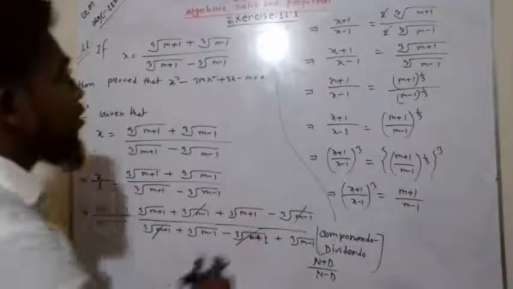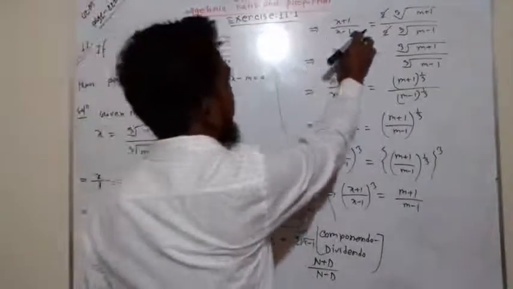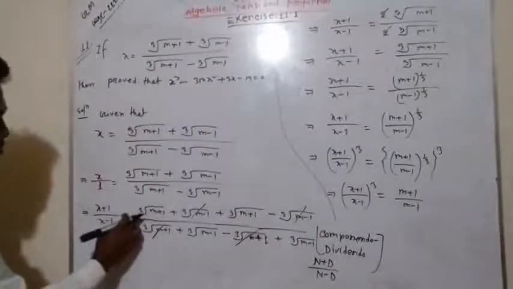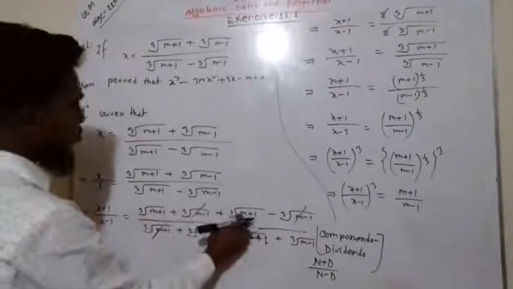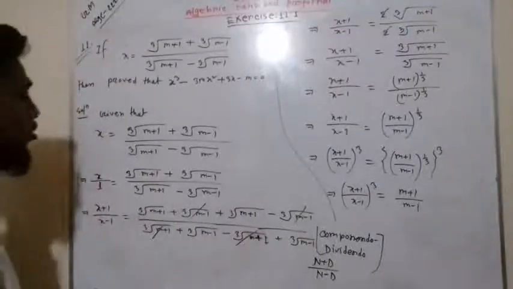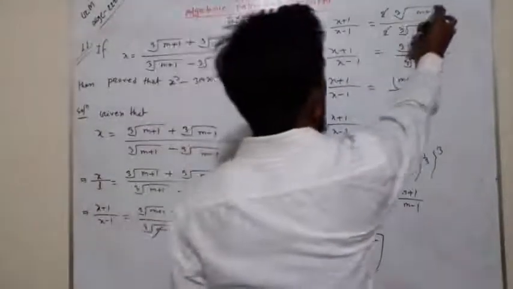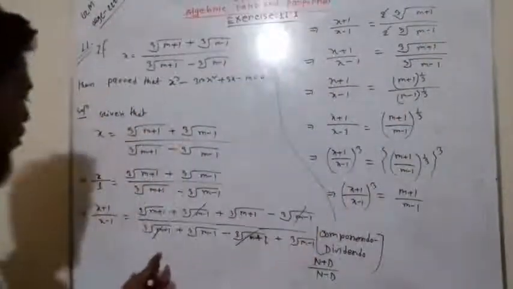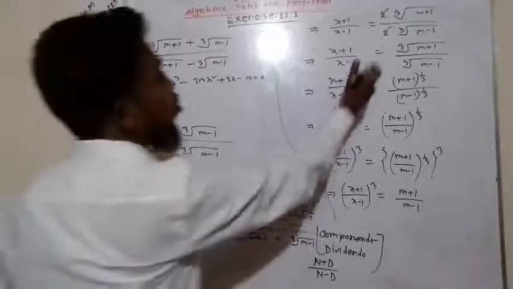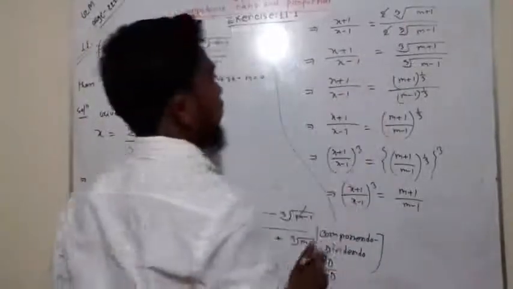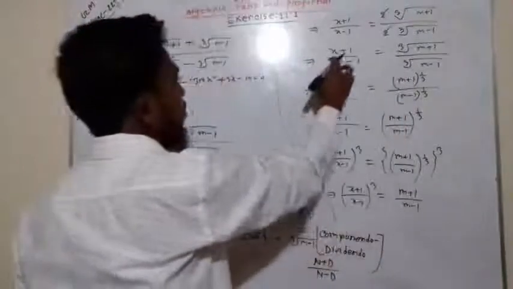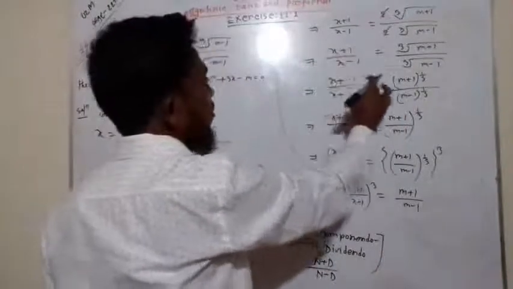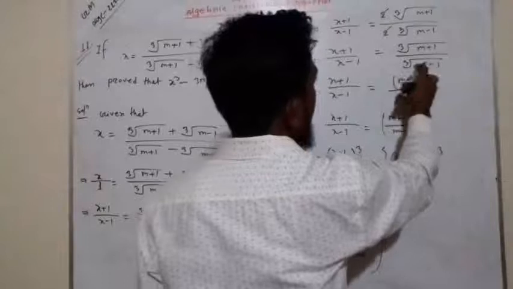So we can write x plus 1 divided by x minus 1 equal to, here two terms are the same, cube root of m plus 1 plus cube root of m plus 1, so 2 cube root of m plus 1, and here 2 is the same term, so 2 of cube root of m minus 1. So 2 upon 2 is cancelled, so we can write x plus 1 divided by x minus 1 equal to cube root of m plus 1 divided by cube root of m minus 1.